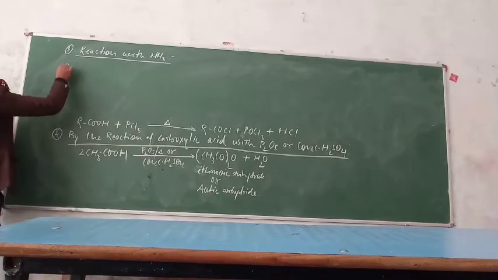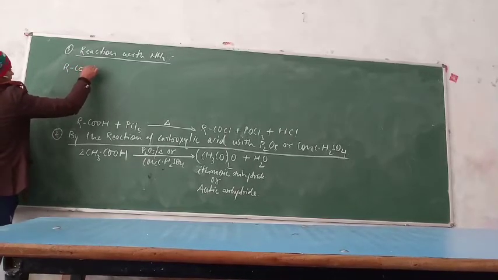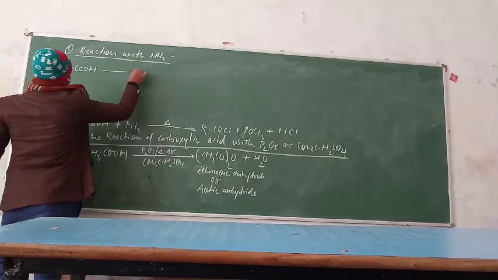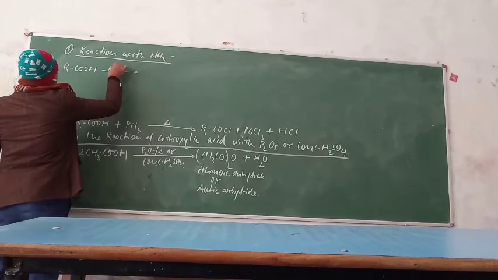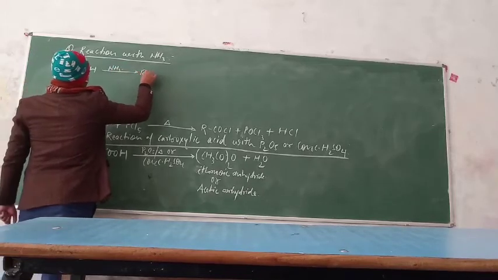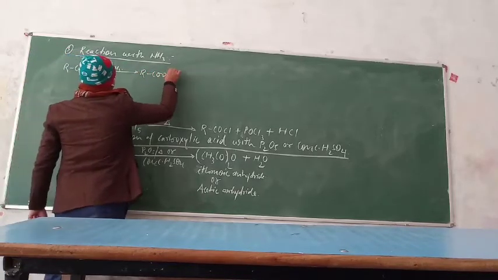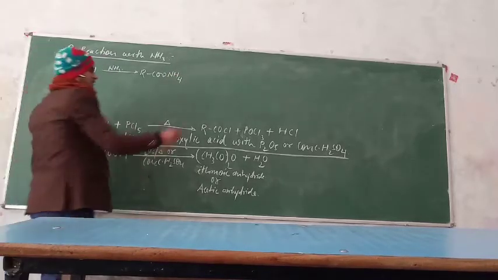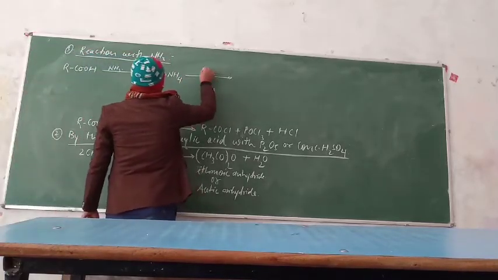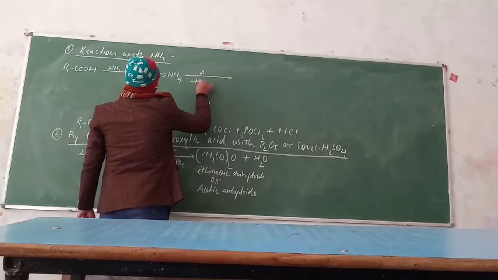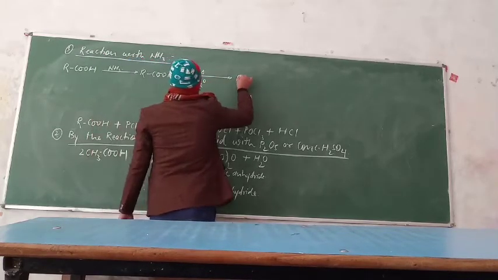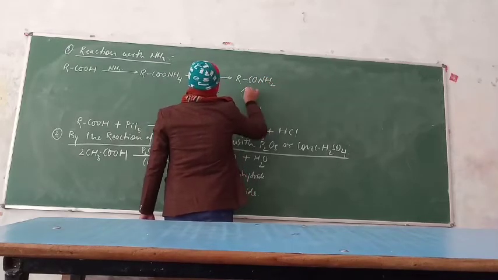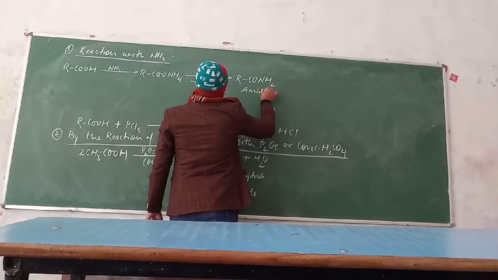Suppose an acid is given, RCOOH, and when this acid is treated with the ammonia, then it will form the ammonium salt like this. And when this ammonium salt is heated, then one water molecule is removed, and we get a compound which is known as amide. This is amide.